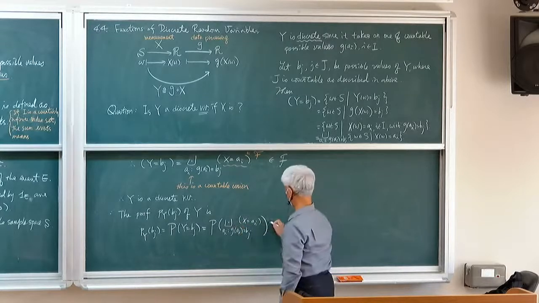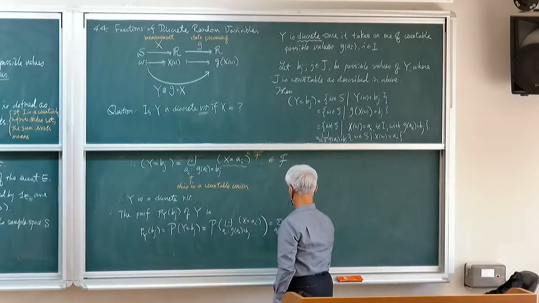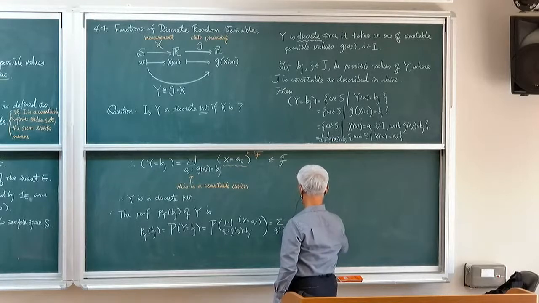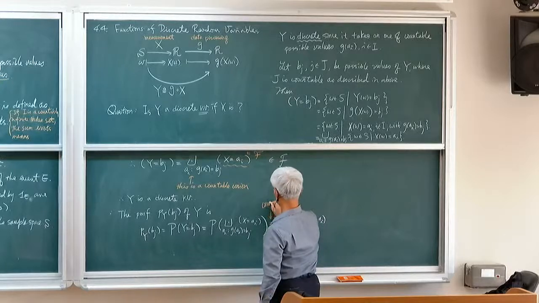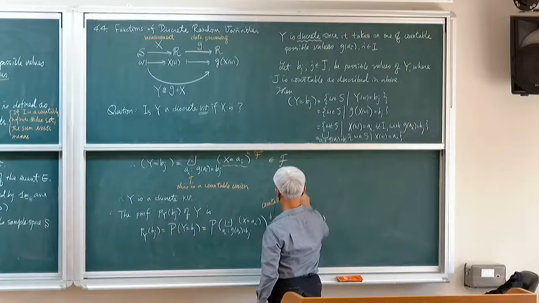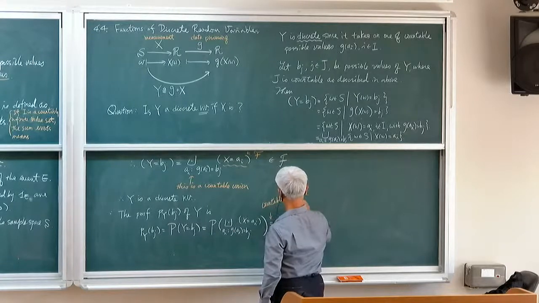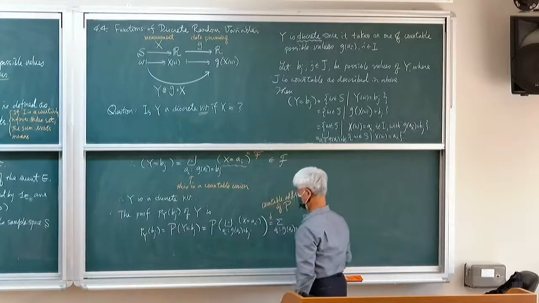This is disjoint because by countable additivity, the sum over a_i with g of a_i equal to b_j of the probability of x equal to a_i. So this is countable additivity of P.